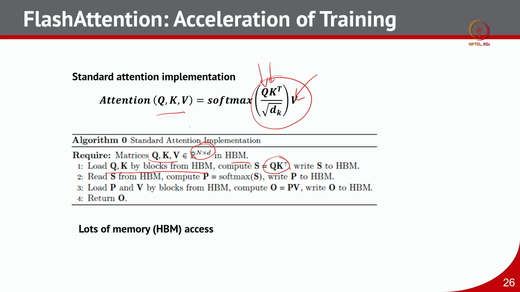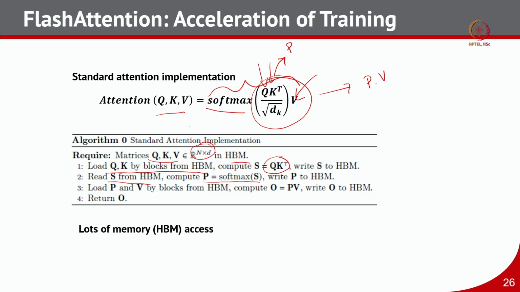Now this has to be done for all the QK blocks, and then we have to read S from HBM and compute P equals softmax of S, and then write P to the HBM. Why do you have to write P to the HBM? Because another matrix multiplication is coming up. The whole softmax of QK transpose over square root of d_k is P. So we have another matrix multiplication, P multiplied by V, coming up, right.